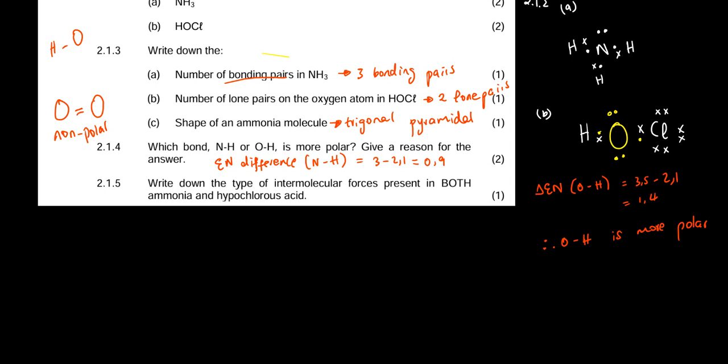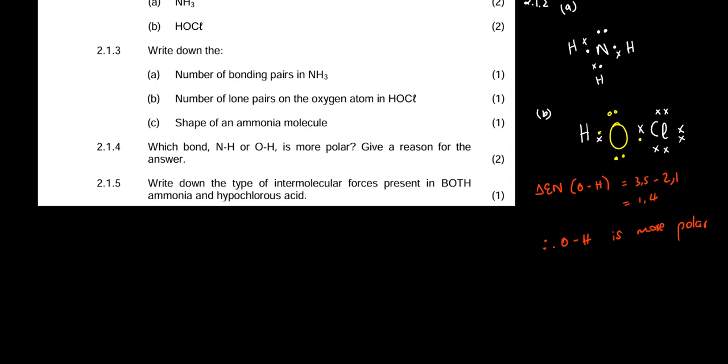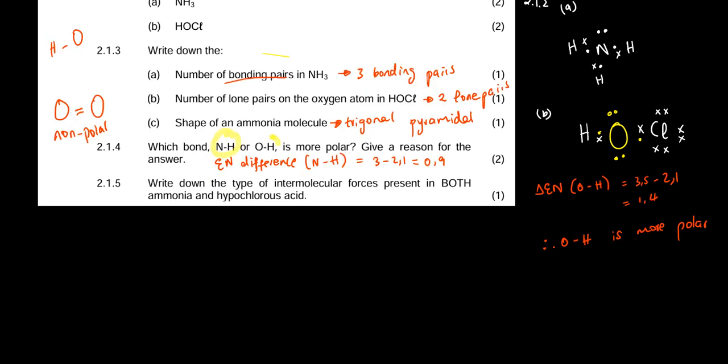So indeed, you need to check the electronegativity difference for NH and then for OH. The one that will be higher will be more polar. Right, and then now write down the type of intermolecular forces present in both ammonia and hypochlorous acid. In both of them, they have the same type of intermolecular forces. So when you look at NH3 and when you look at hypochlorous acid, they have the same intermolecular forces present.